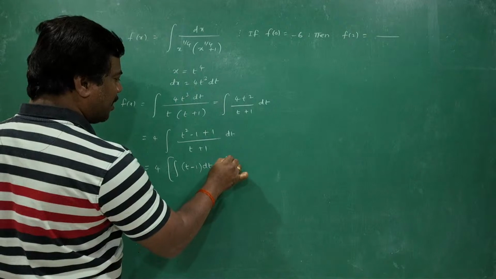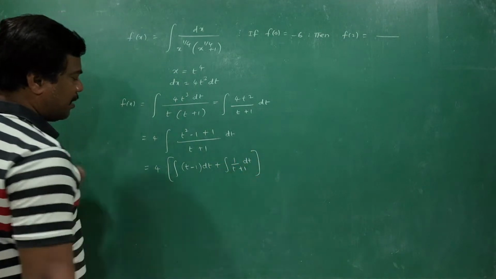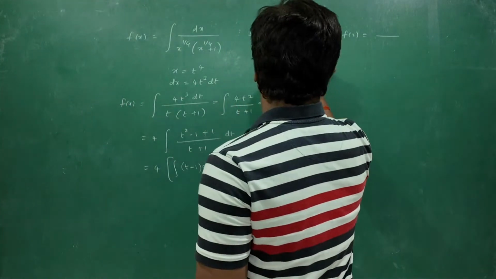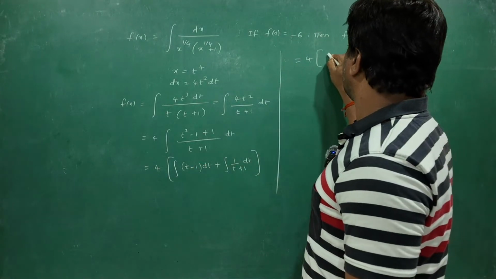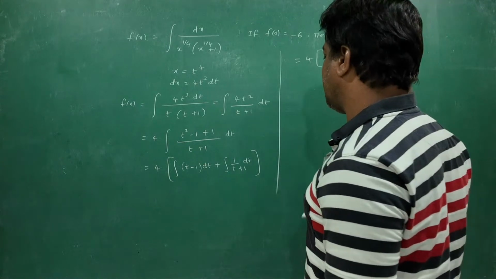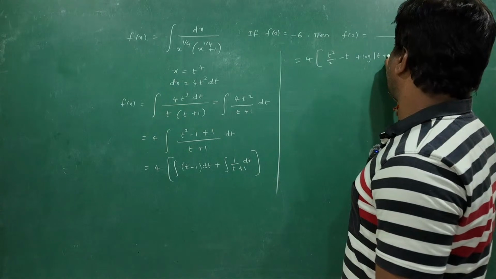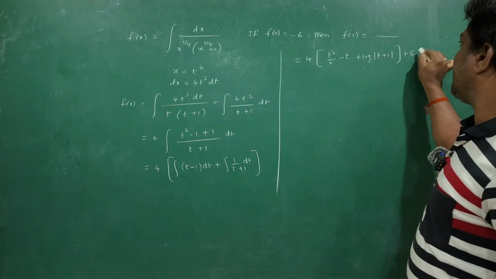Next remaining part, integral 1 by t plus 1 dt you will get. Now it can be written as 4 times t square divided by 2 minus t plus log modulus t plus 1, plus integral constant.